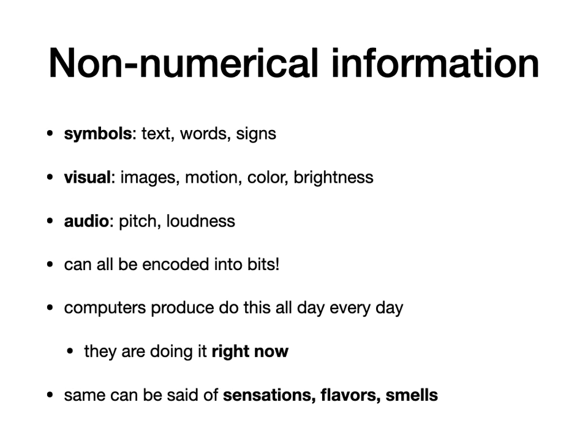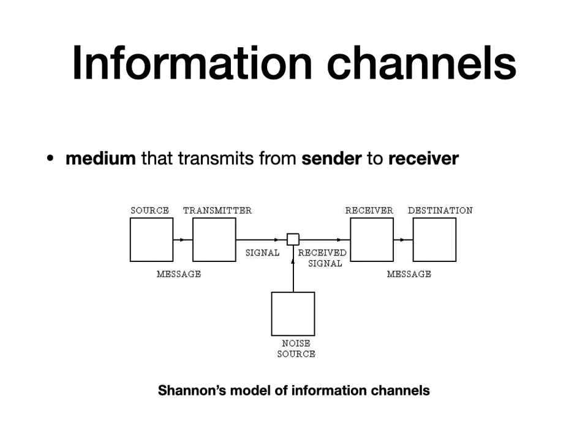We also need a way to transmit information if we're going to move it around. So any medium that transmits from sender to receiver. Shannon's model has this. There's a source that gives some information to the transmitter. The transmitter is attempting to send that signal along to the receiver, but there's also always some kind of noise.